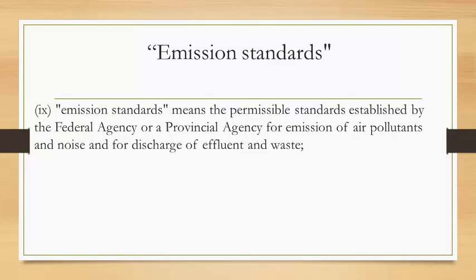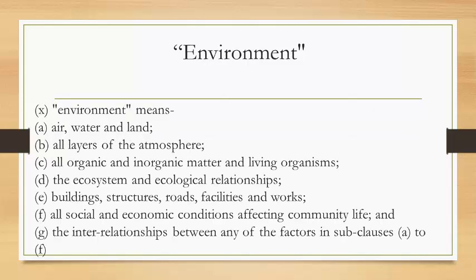Emission standards means the permissible standards established by the federal agency or a provincial agency for emission of air pollutants and noise, and for discharge of effluent and waste. Environment means a. Air, water, and land. b. All layers of the atmosphere. c. All organic and inorganic matter and living organisms. d.